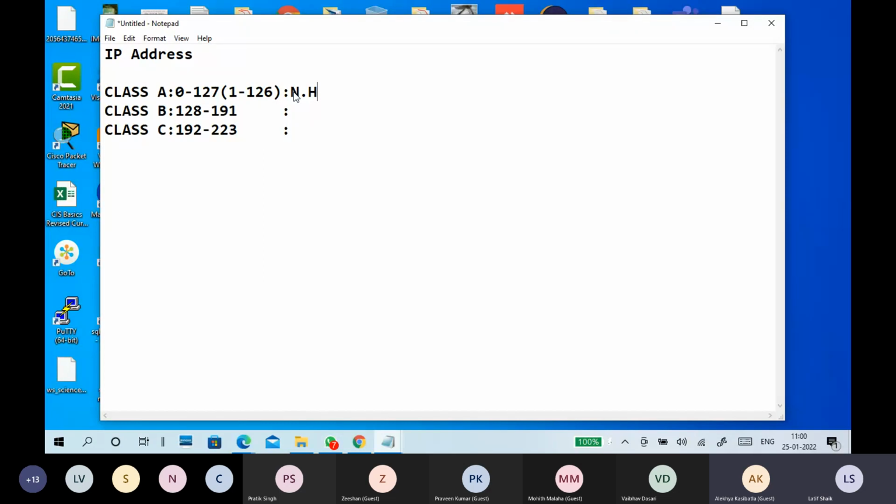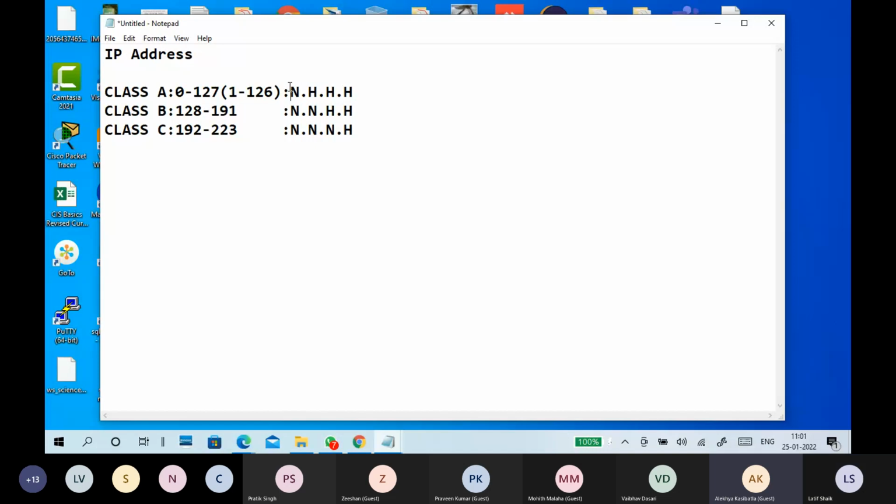Next, if you take a class A, the first portion of the IP address is the network portion. All remaining are host portions. Whenever you want to communicate in the network, make sure that the network portion must be the same and the host portion is different.